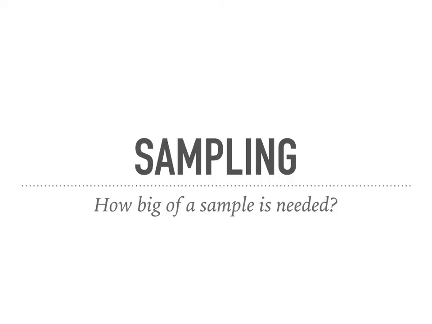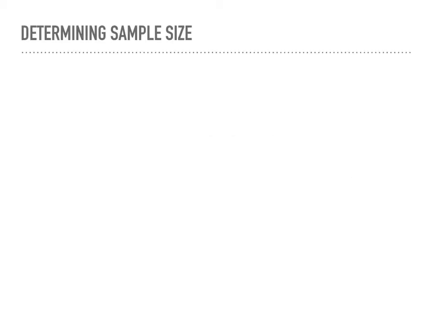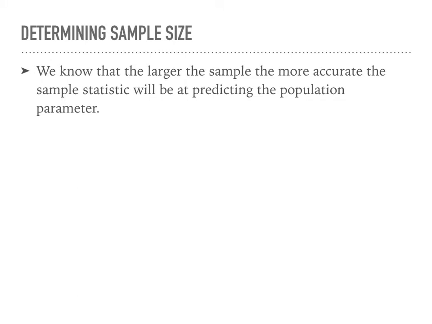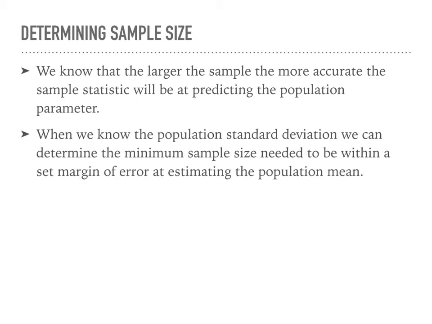Now, the biggest question here is how big of a sample are we going to need in order to have a certain level of confidence while having a fairly small margin of error still? We know that the larger the sample, the more accurate the sample statistic will be at predicting the population parameter.